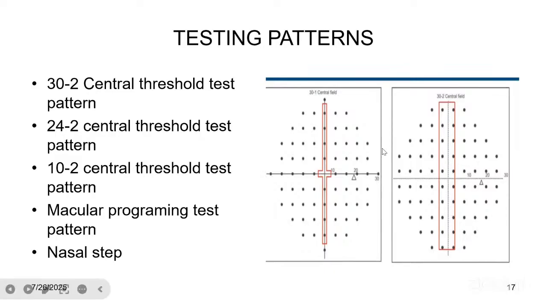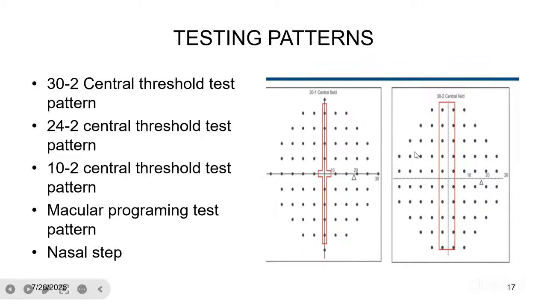And so when we say 30-2, we mean that you're testing the central 30 degrees of the field, as seen in this diagram. For 24-2, it means that you're testing up to 24 degrees of the visual field, but nasally you still increase it to 30, because one of the early changes in glaucoma is the nasal step, so you don't want to exclude that part of the visual field.